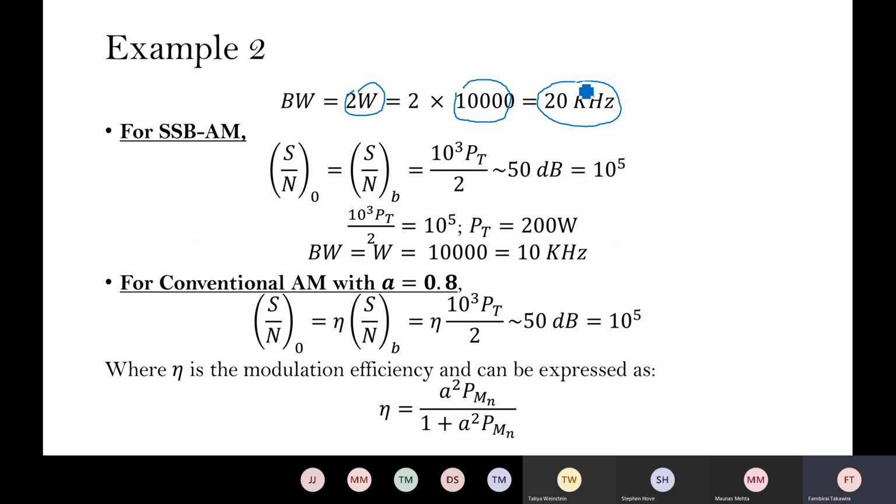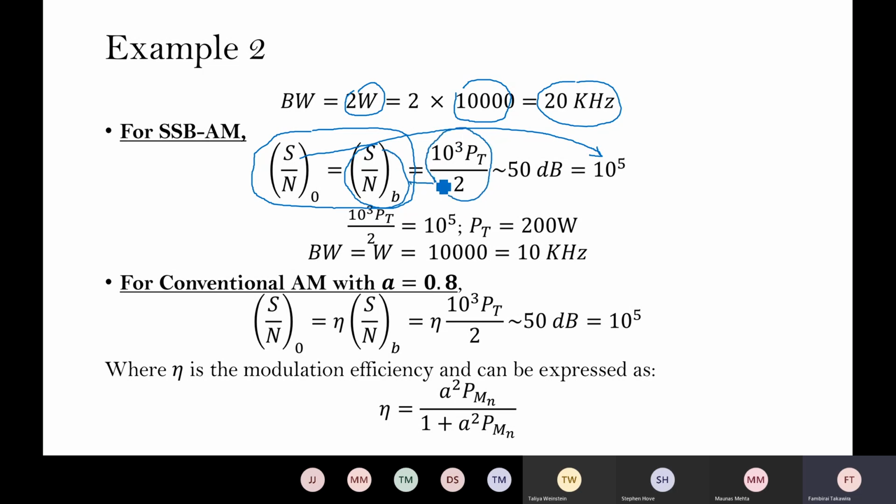We can do the same for SSB. For SSB, the signal to noise ratio at the output is equal to the signal to noise ratio at baseband. We are told that the signal to noise ratio at the output must be 50 dBs, and we've derived that the signal to noise ratio baseband is given by this term here.